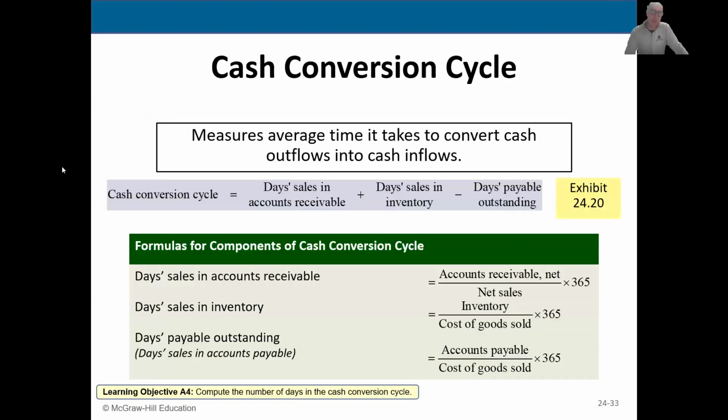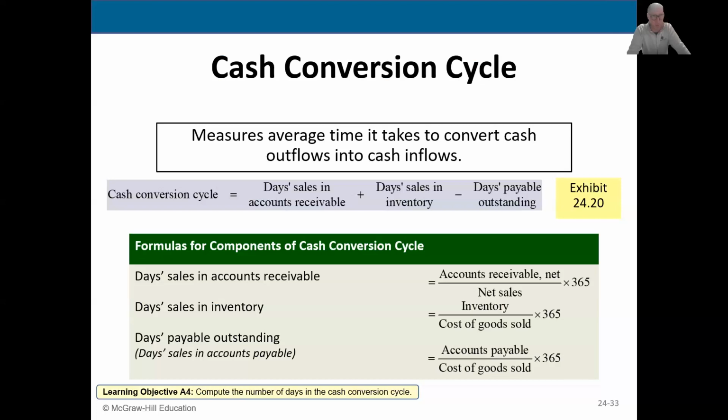One of these is called the cash conversion cycle. This tells us how quickly we are converting the accounts receivable into cash, basically, in a pretty basic manner. So here are the components used to calculate the cash conversion cycle.